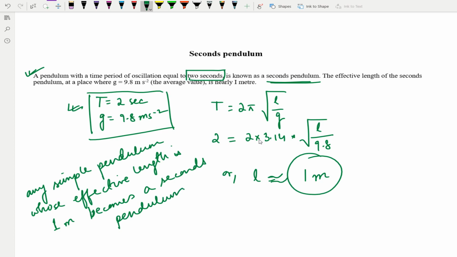Understood? Now if the length is not 1 meter, the time period is not going to be 2 seconds, so it will not be a seconds pendulum. So every seconds pendulum is a simple pendulum having a length of 1 meter, but not all simple pendulums are seconds pendulums. Understood?